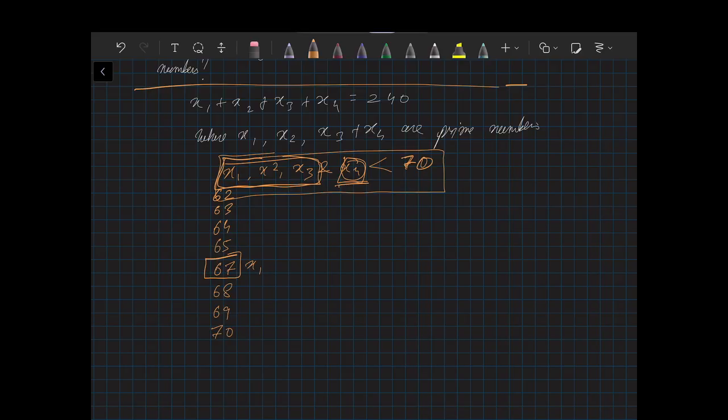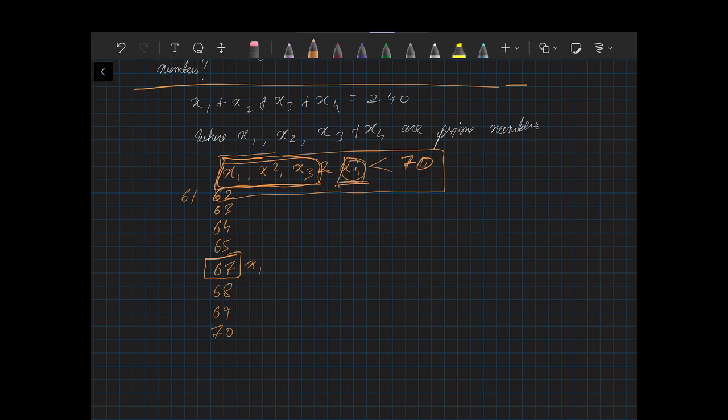Then we have 61. Maybe I should have started it a bit down, but okay. 61 is a prime because it's not divisible by 2, 3, 5, 7, 11, 13, 17. No, I don't think so.